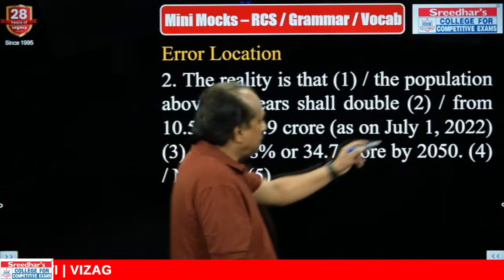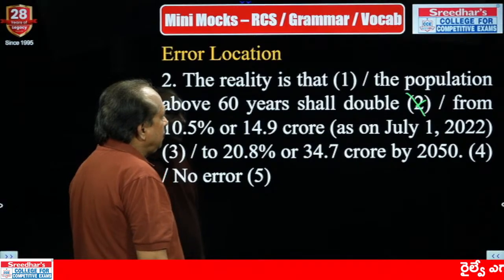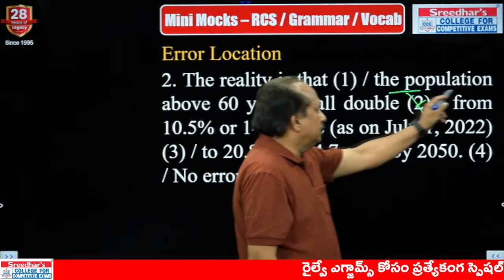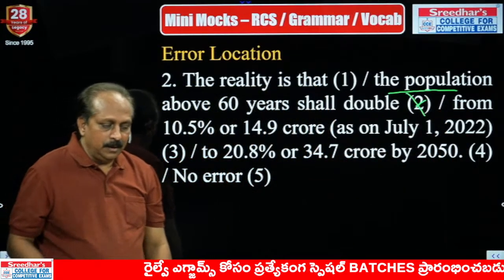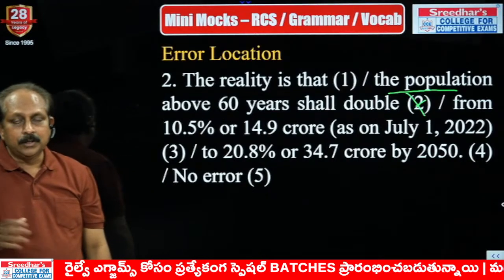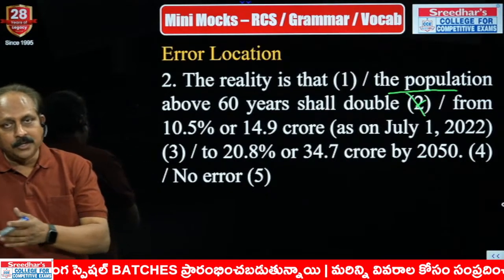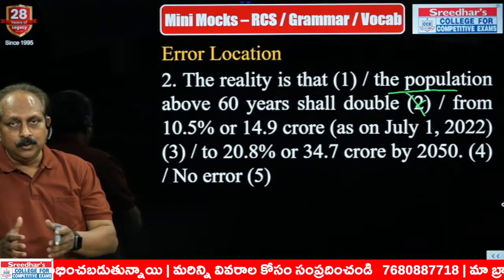We have an error in the second part. What is the subject? The reality is that the population above 60 years, population, third person singular. You have to recollect an important rule that goes with all the future tenses. We can use will or shall with I and we. With you, he, she, it, they, we can use only will.